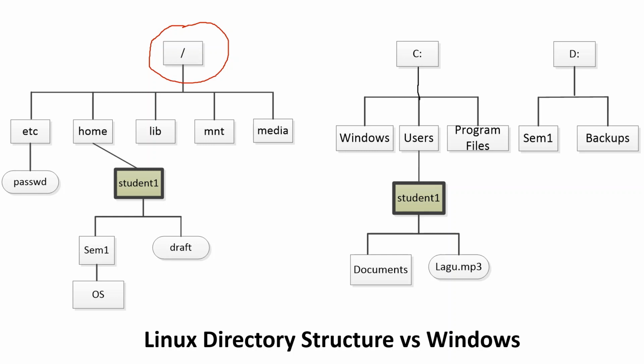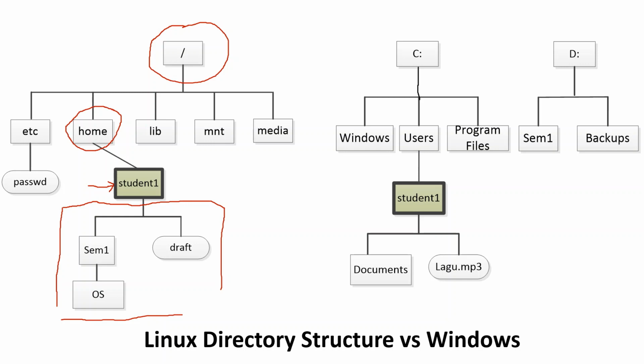We can also see the user, in this case student 1, located under the home directory. When student 1 logs in, they get their own workspace, where all the files belong to them.